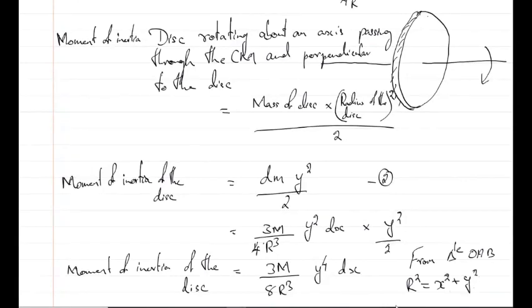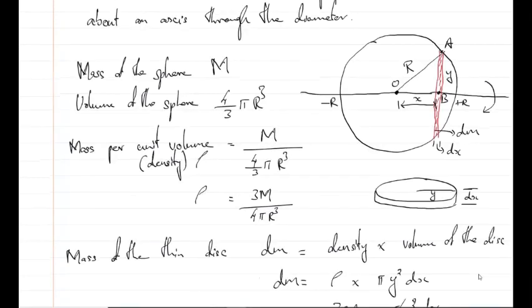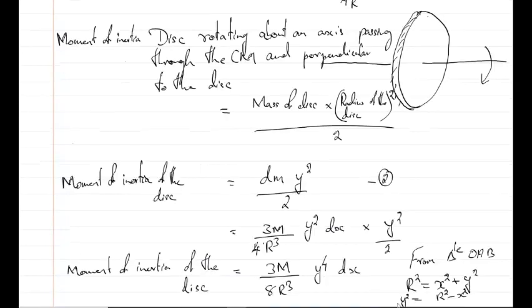Otherwise, y square will be equal to r square minus x square. That is from the Pythagoras theorem, x square plus y square equal to r square. So replace your y power 4 from this one, so let's integrate it.